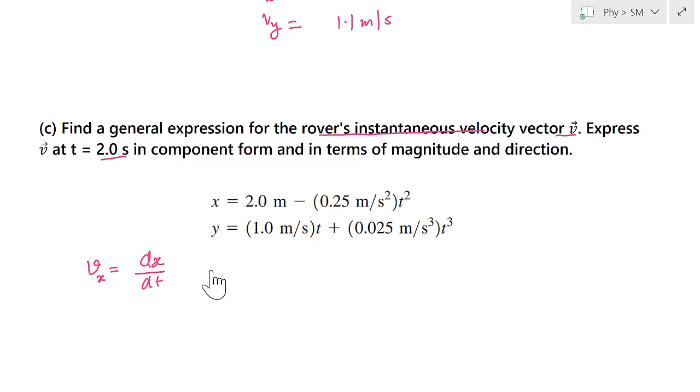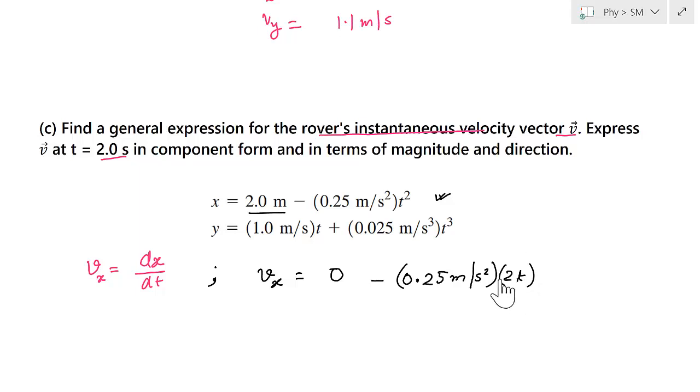So let us take the differentiation of this term, that is x, and we can calculate Vx. So Vx is equal to the differentiation of this constant, which is 0, and this is minus 0.25 meter per second square, and then I have to multiply by 2t. Differentiation of t square is 2t.